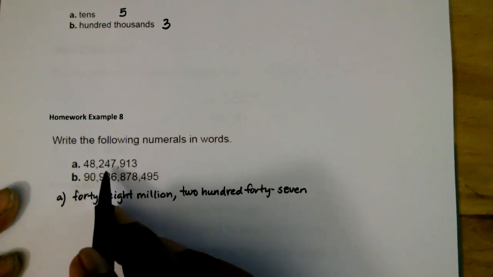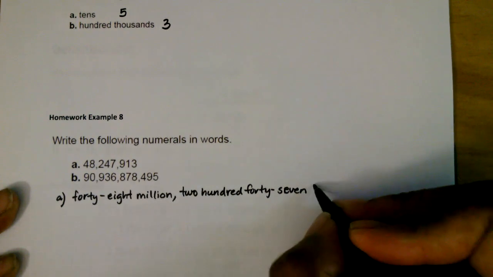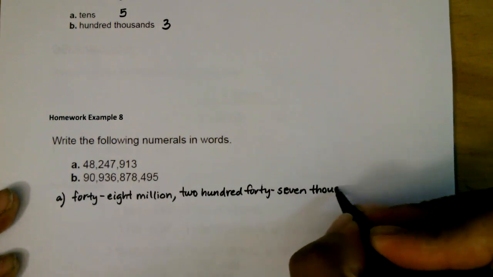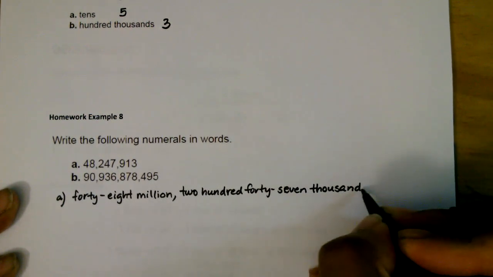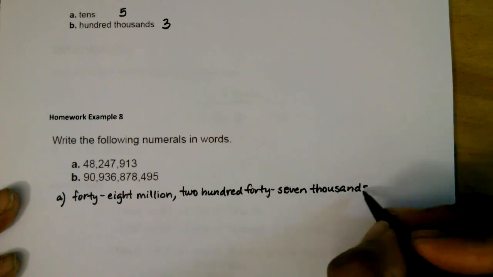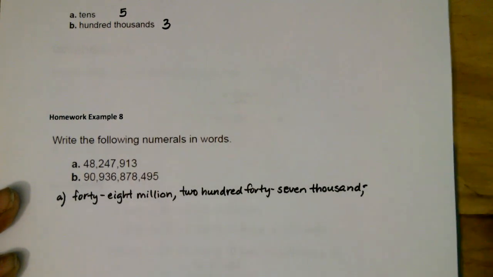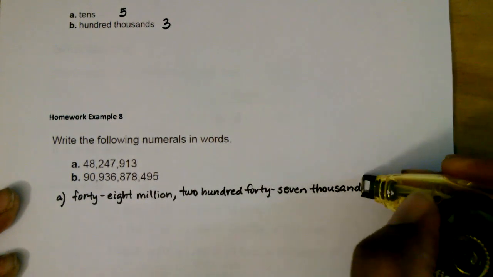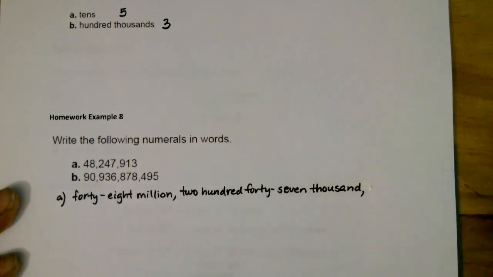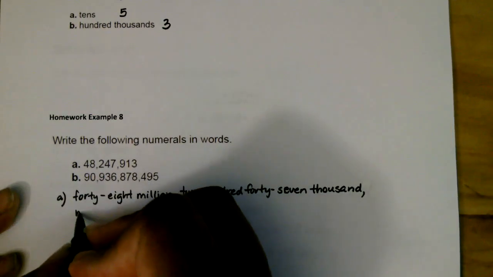Here it's in the thousands period, so it'll be 247,000. And then 913.